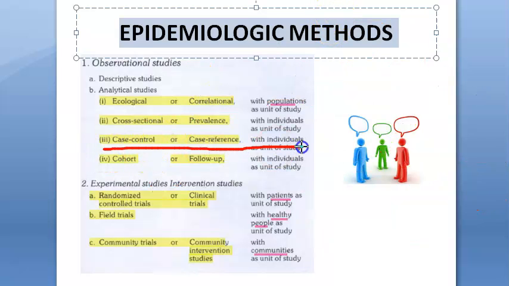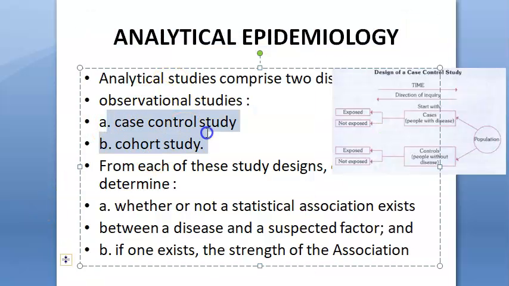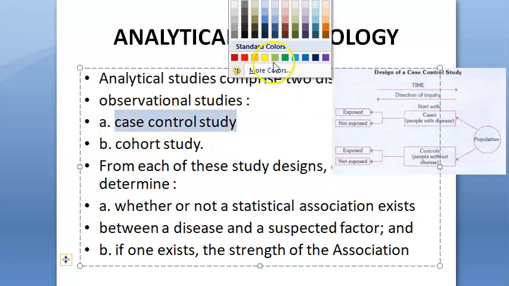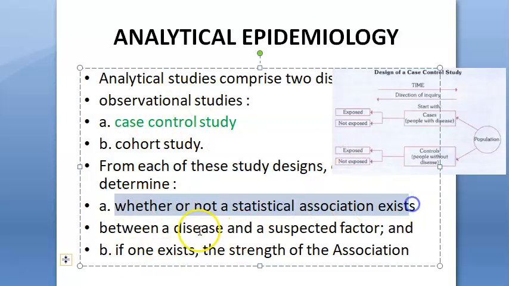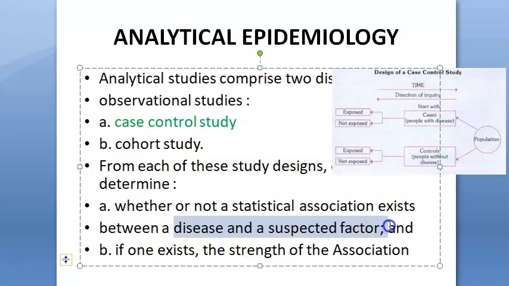Case control or case reference has individuals as the unit of study. This is what we are studying now. They usually talk about case control study and cohort study, and we are looking at case control study. From these studies, finally, what will you get? Whether or not a statistical association occurs between the disease and the suspected factor. From the hypothesis, you just got a suspected factor.